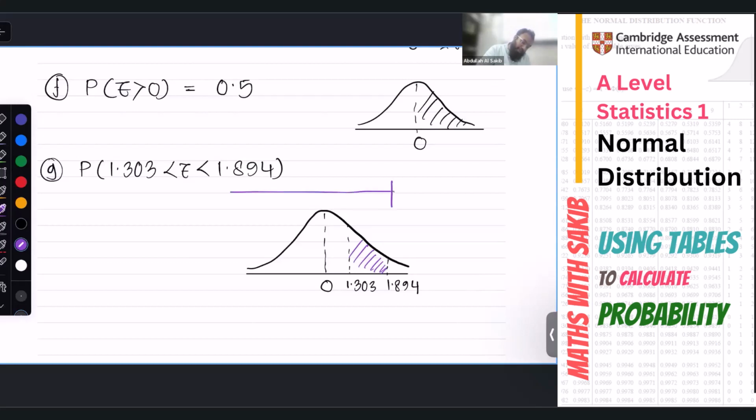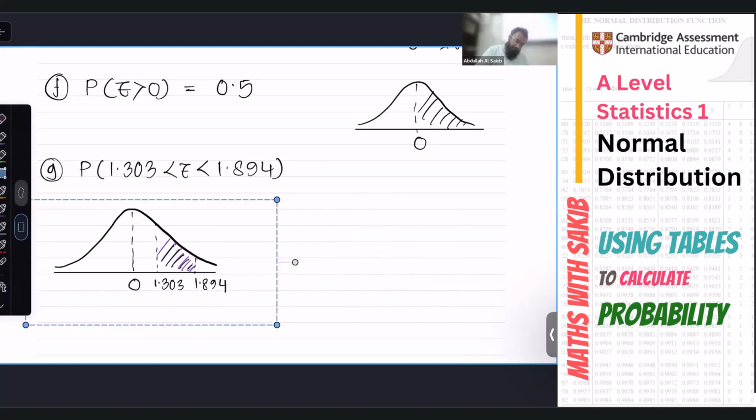If we calculate the total area from negative infinity to 1.894, that means phi of 1.894. Clear? Then if we subtract the area up to this, that is phi of 1.303, then this area will be there. So you have to find this area.